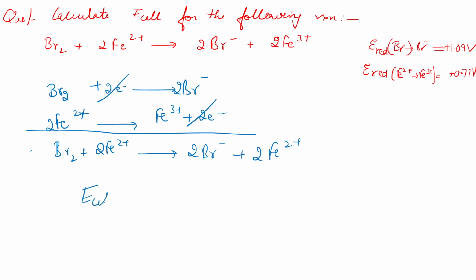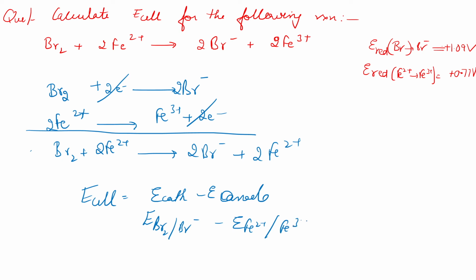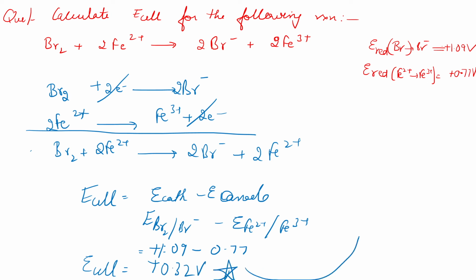So E cell for the reaction is E cathode minus E anode. Here E cathode, which undergoes reduction, is Br2 converting into Br minus, and at E anode, iron 2 positive is converting into iron 3 positive. The value is 1.09 minus 0.77 volt. Then you will get E cell as plus 0.32 volts.